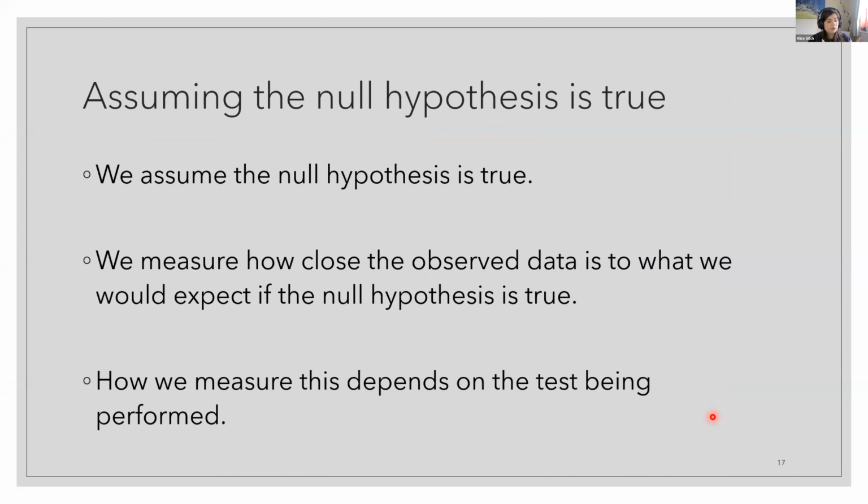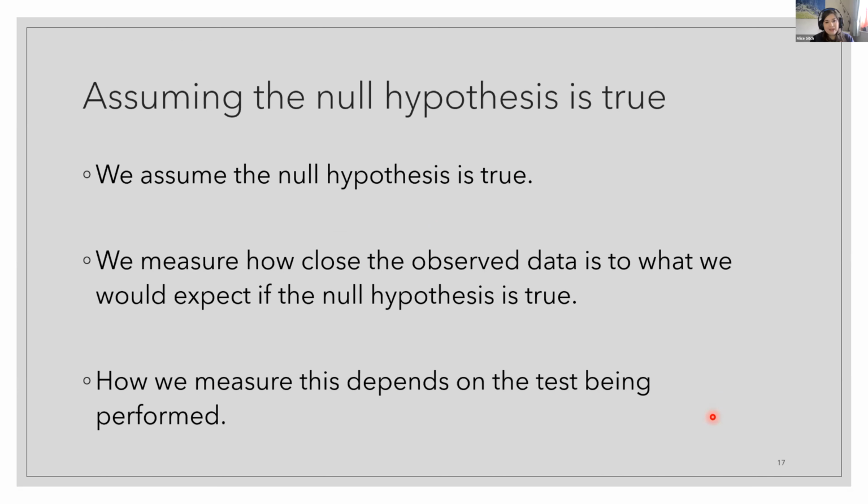So the data that we've observed, we compare back to what we would see under the null hypothesis. So how different is our observed data to what we would expect to see if the null hypothesis were true? So how different is the observed data to what we would see if there was no difference?